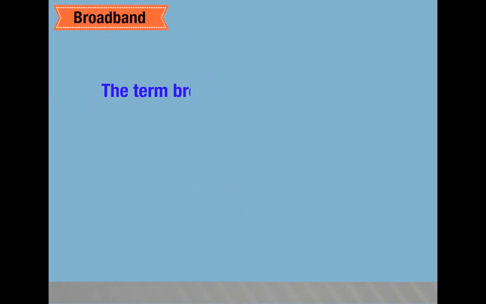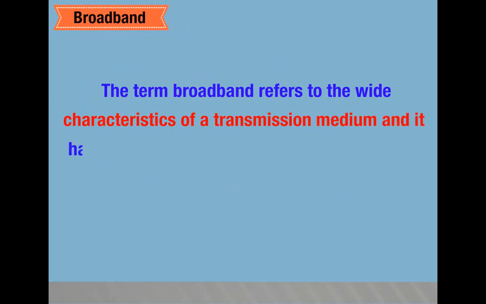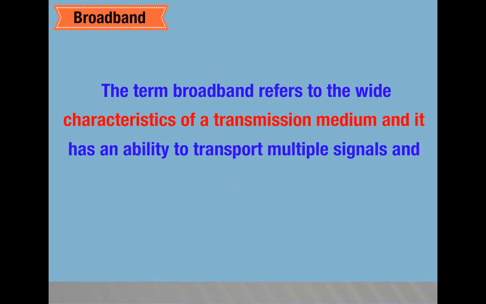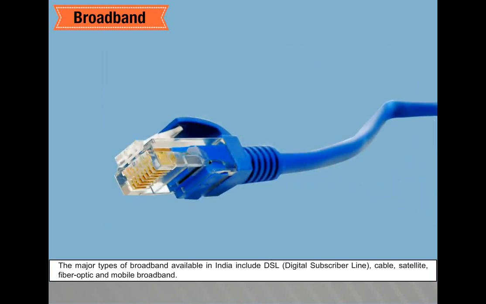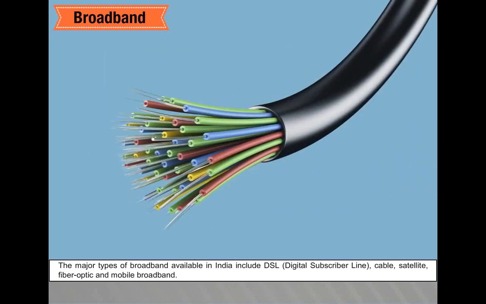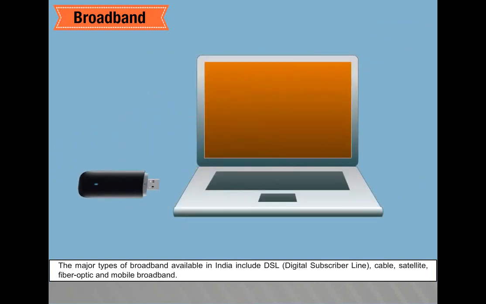Broadband. The term broadband refers to the wide characteristics of a transmission medium, and it has the ability to transport multiple signals and traffic simultaneously. The major types of broadband available in India include DSL, digital subscriber line, cable, satellite, fiber optic and mobile broadband.